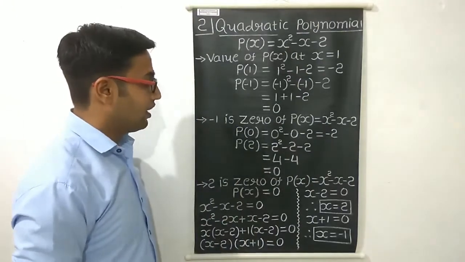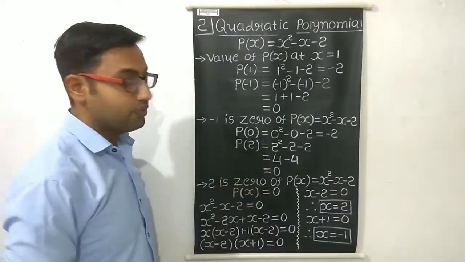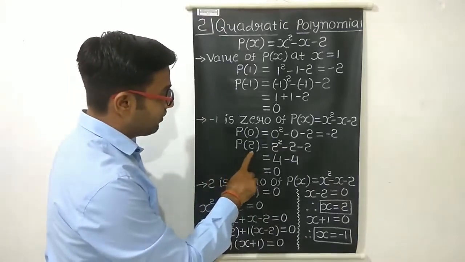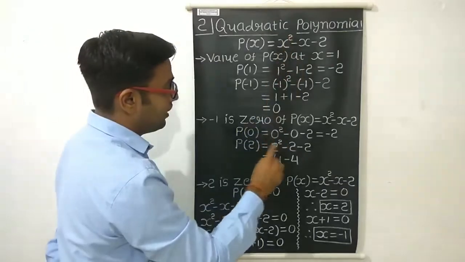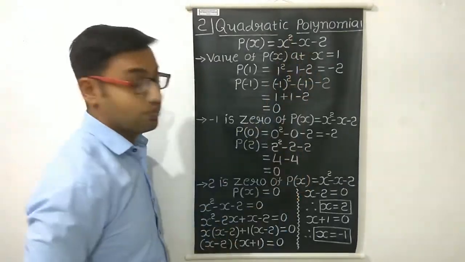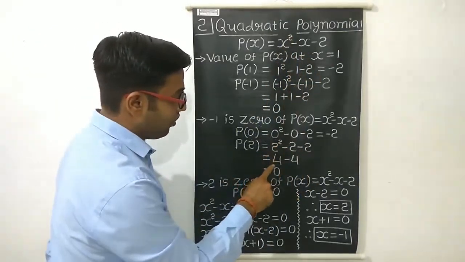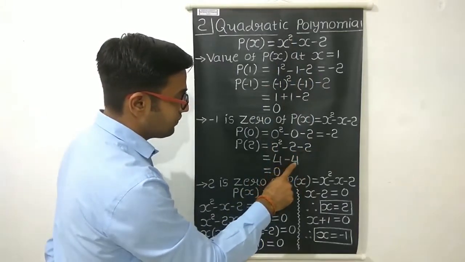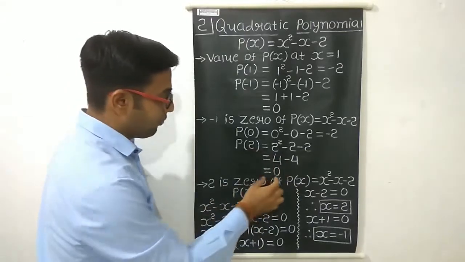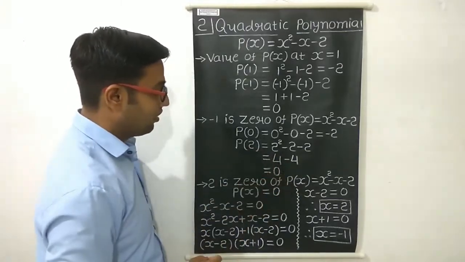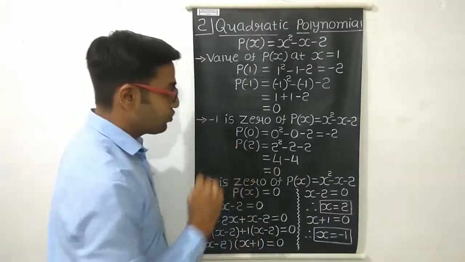It does not become 0. Let us take p of 2. Instead of x, now we have to put 2. So p of 2 equals 2 square minus 2 minus 2. Now 2 square is 4. This minus 2 minus 2 is minus 4. So 4 minus 4 is 0. So now the polynomial's value becomes 0 at x equals 2.